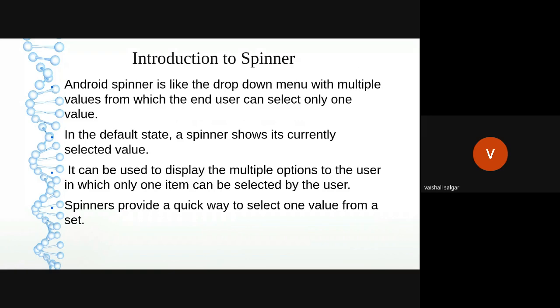The default state of the spinner is whatever value you have selected while designing. It can be used to display multiple options to the user, in which the user selects only one item as per their choice. So a spinner provides a quick way to select one value from a given set of values. This is the purpose of the spinner widget in Android.